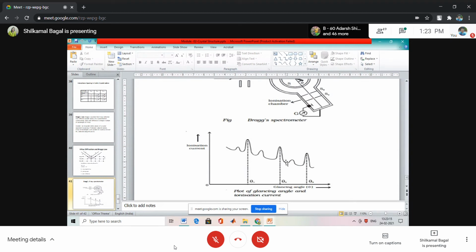After that, with further rotation, again the intensity or ionization current will reduce, and then at a particular position it will go to the maximum. That will show the third order maxima. Okay. So in this way we can find out the positions of maxima, first order, second order, third order.